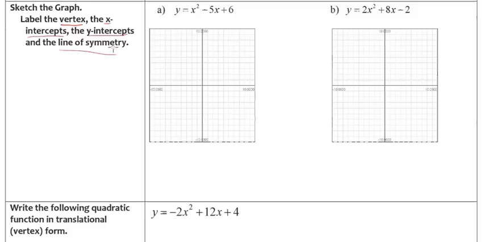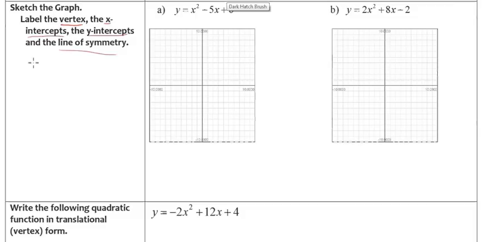So here we go. Now again, there's two methods we had for finding the vertex. One was negative b over 2a, so negative negative 5, so positive 5 over 2 times 1, that's our a value. So we'd end up with 5 halves, which is 2.5.